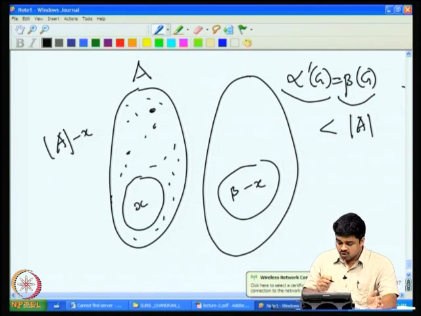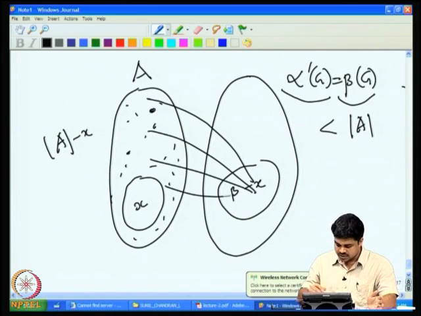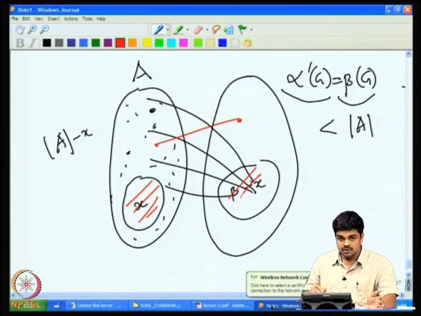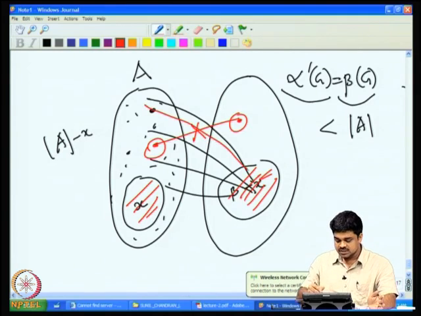Now all the edges starting from here have to go into the cover. Why? Suppose you have an edge whose two endpoints don't belong to the vertex cover; then who will cover this edge? Because this is a vertex cover, it has to cover all the edges. So all the edges starting from the A side have to go here.